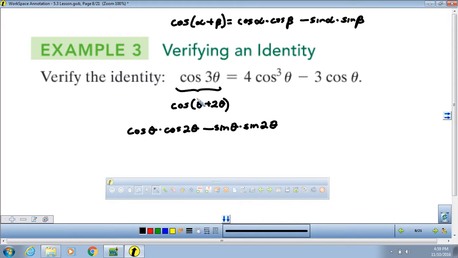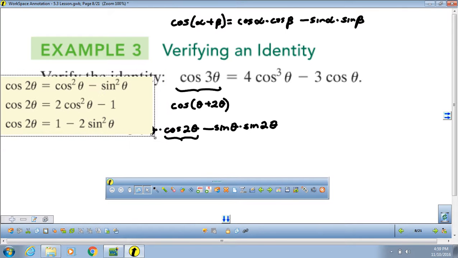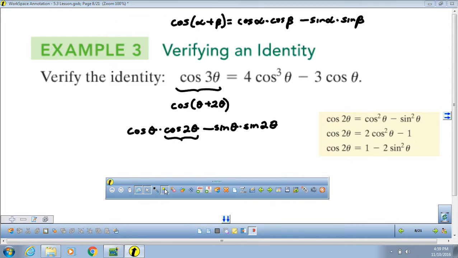Then, using the formulas that you already know, let's change this. Now we want the formula to have only cosine, right? You see that right here? So what is the formula for cosine of 2 theta, a double angle for cosine, that has only cosine in it? If you look at it, it is this one in the middle, right?